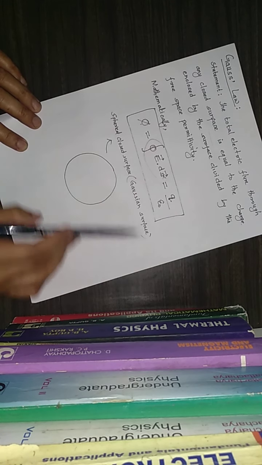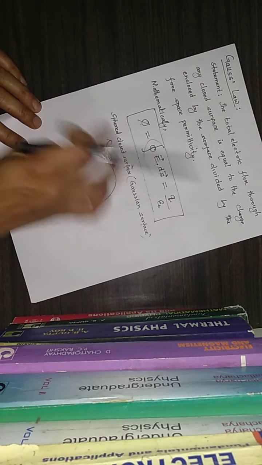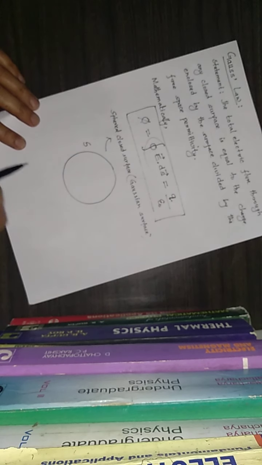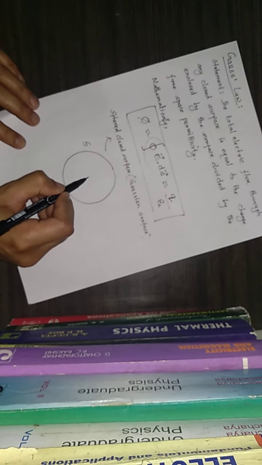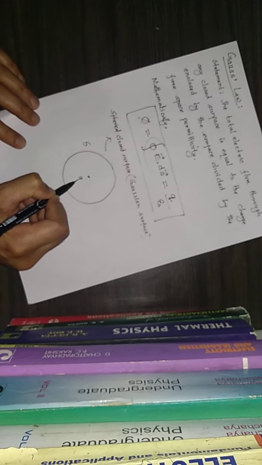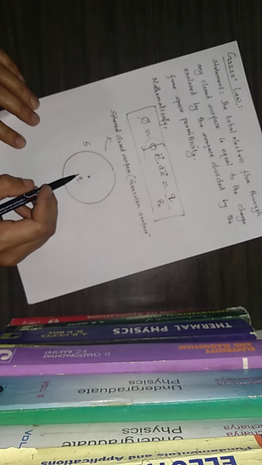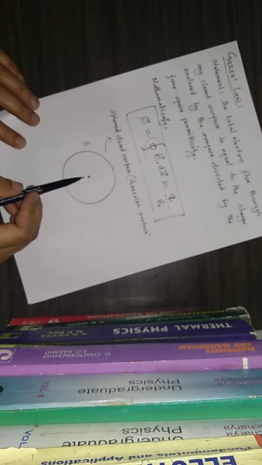I have taken a spherical closed surface, remember, and let S be the total surface area of this closed Gaussian surface, and let Q be the charge enclosed by this closed sphere at its center.